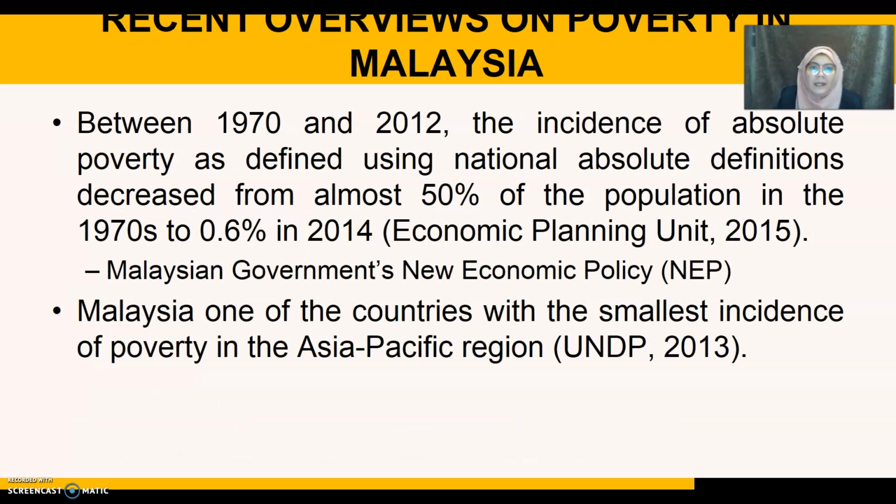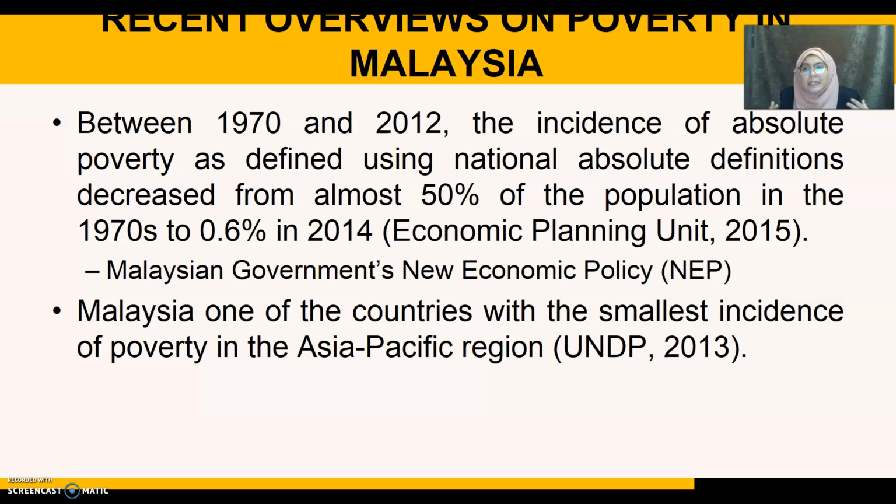Okay. When we look at poverty in Malaysia, we will look at that in the next video. So overall, the meaning of poverty itself is not just lack of money, but your involvement in the community.